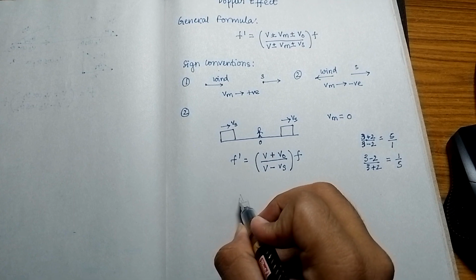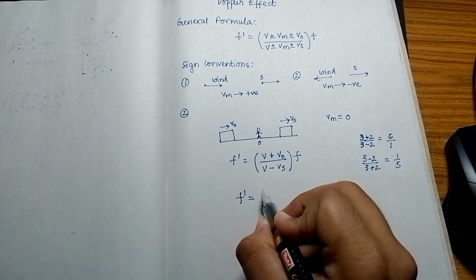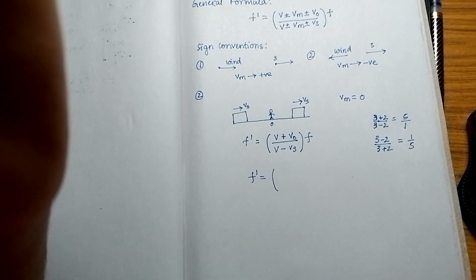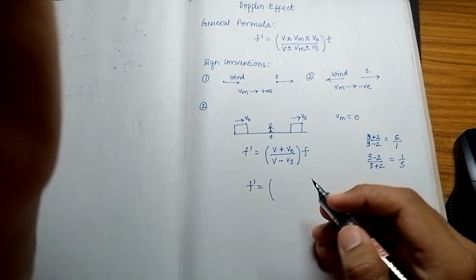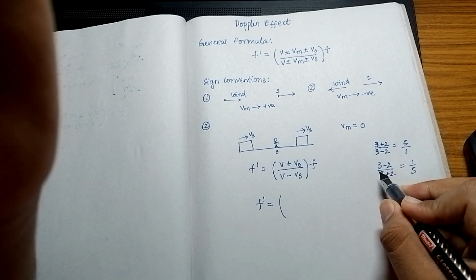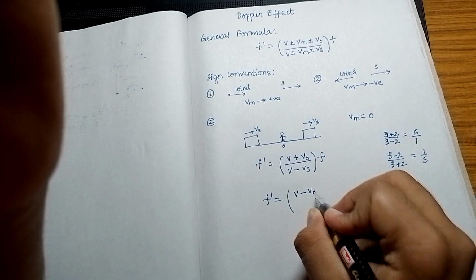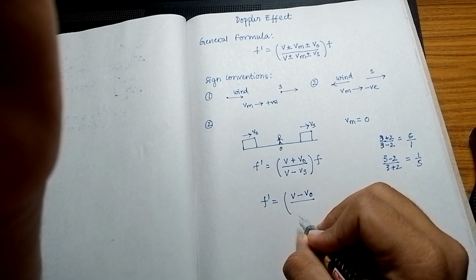Next, if the source is moving away from you, from the second example you have to subtract. So it is V minus V naught. Sorry for the disturbance, guys, it's my neighbor's dog.